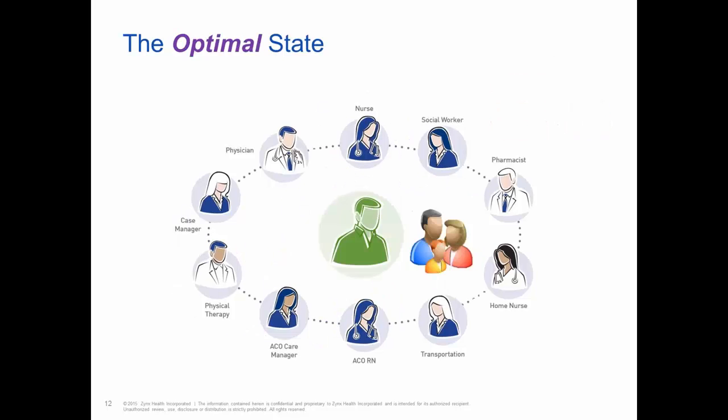In a perfect world, we would like to migrate to the future state. The optimal state would be our patient, now in green, so well known to us, being able to communicate with us about his or her needs, their family equally involved in their care, and those individuals who are directly or indirectly involved in their care now centered around this particular individual and their family, using a mechanism that allows for clarity in terms of the plan.